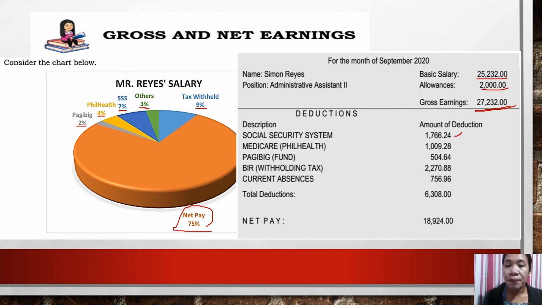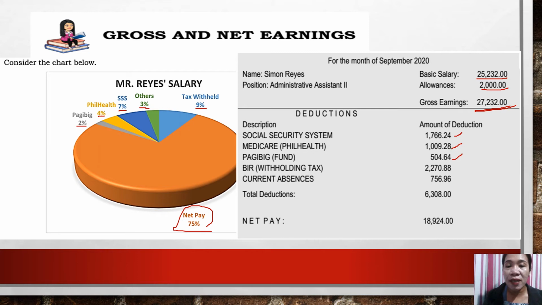Next is PhilHealth. PhilHealth or Medicare is 4% of the salary of Simon. So we have 1,009 pesos and 28 centavos. For Pag-IBIG, which is 2% of the salary, it is 504 pesos and 64 centavos.